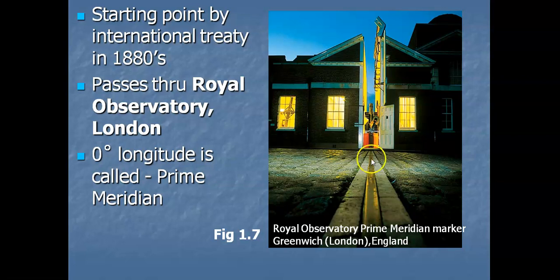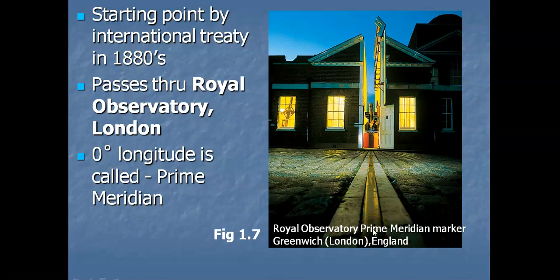And like all special lines of latitude and longitude, it's given a name. Like the zero starting line for the equator is a special line, and the starting line for longitude, that's an important line, so it's given a name. So it's called the prime meridian, all right? And so they've got a marker here, and a lot of people like to go there. You can step right on the zero line.